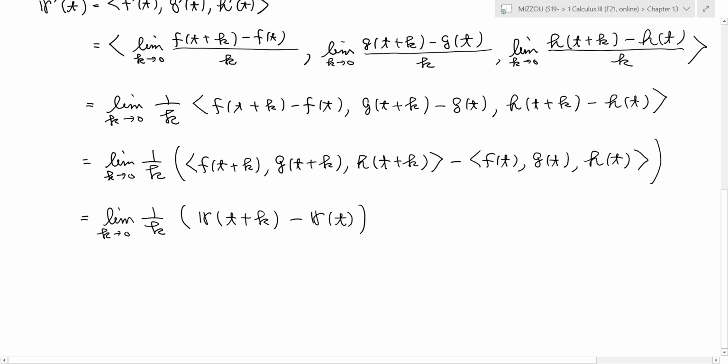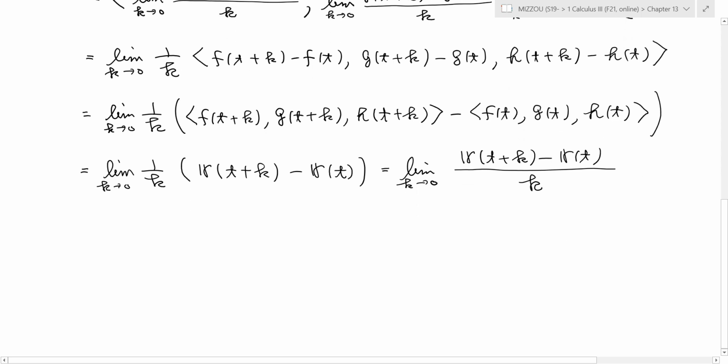So then this is written as the limit as k goes to 0 of r of t plus k minus r of t divided by k. So now, what is this fraction?